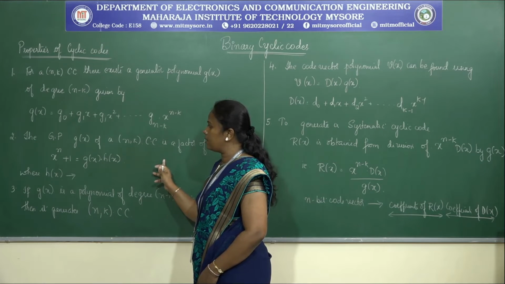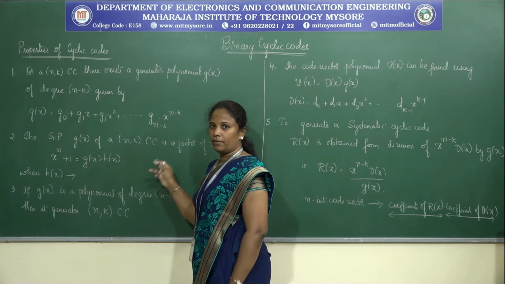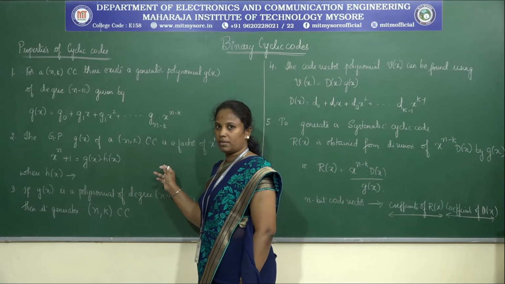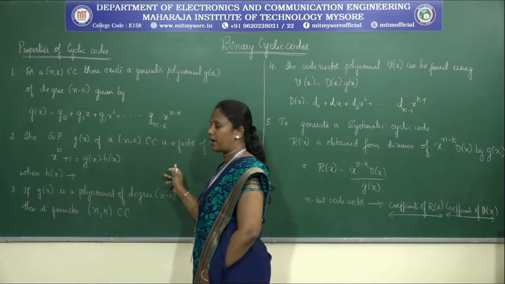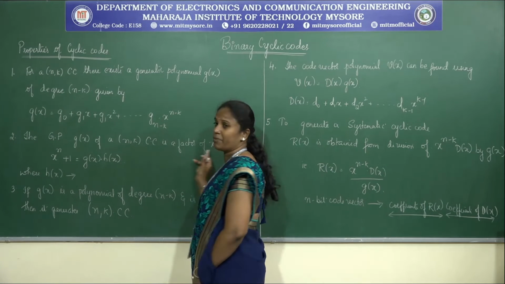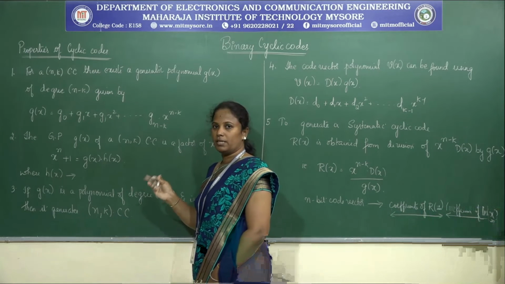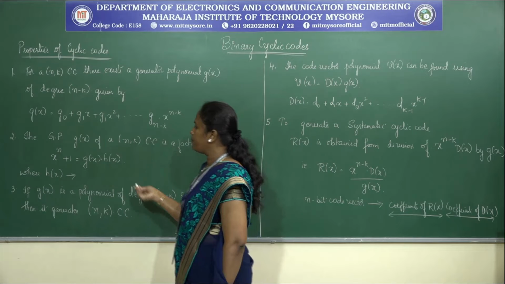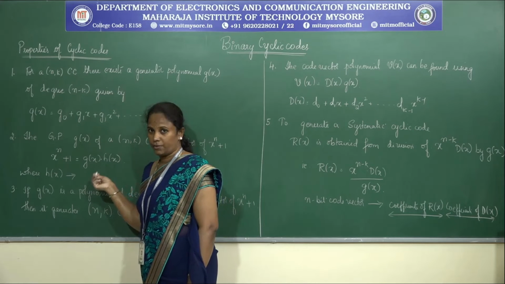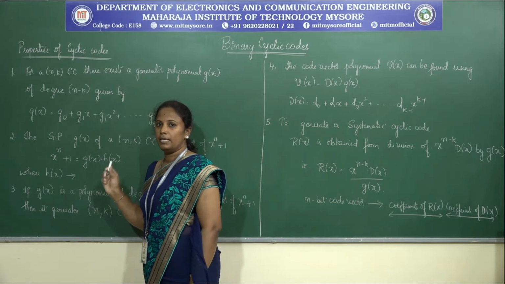And the second property is, if you have a generator polynomial of degree n minus k, it should be a factor of x to the power of n plus 1. Why we require this x power n plus 1 here is that we need to find what we call h of x. What is h of x in your linear block code?